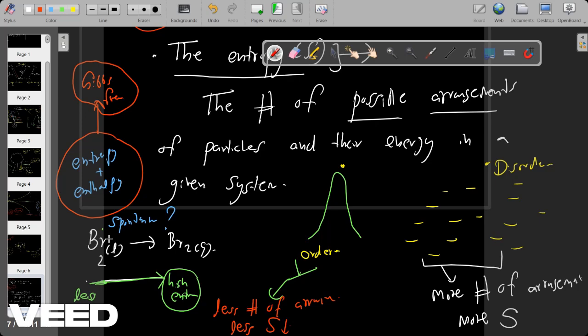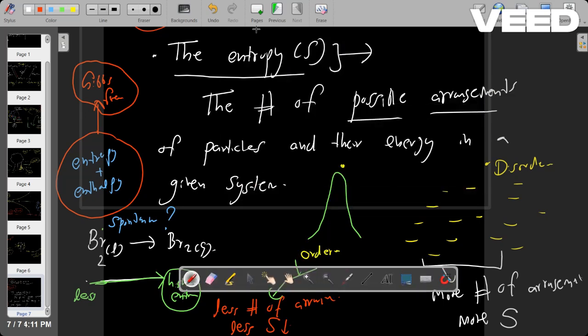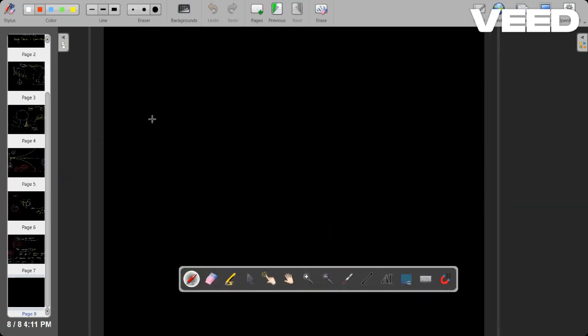Why? You have to think about entropy also. Entropy and enthalpy combined, only then can you comment on the spontaneity of the reaction. Is it clear now? Now you understood the whole thing.